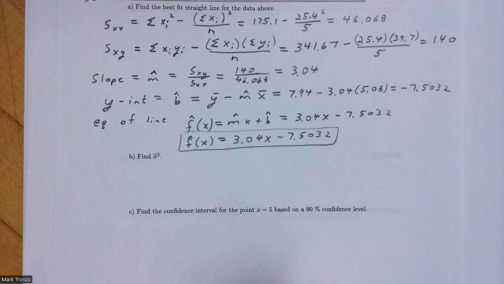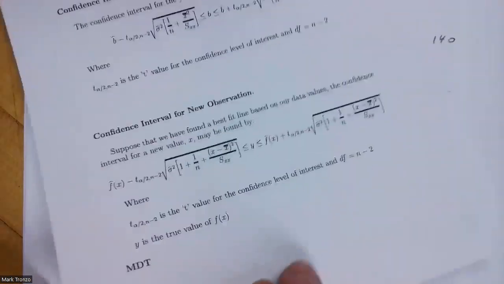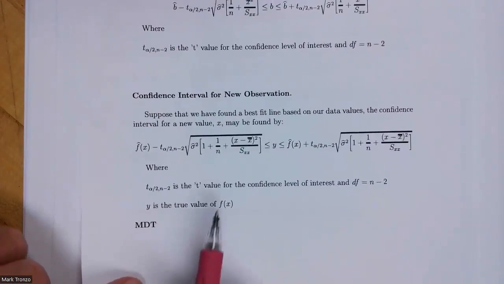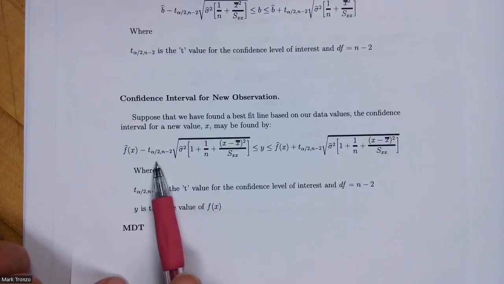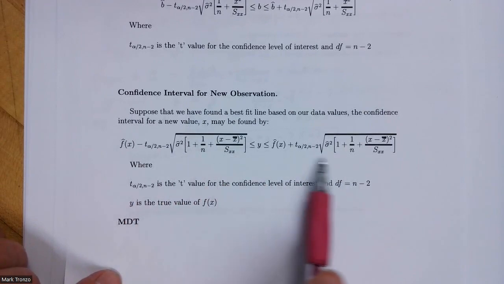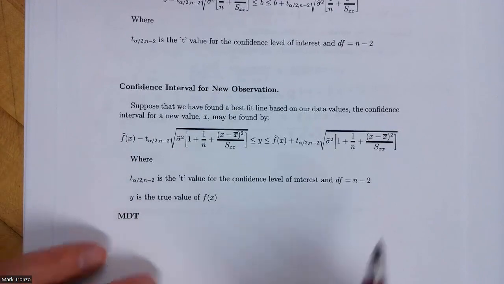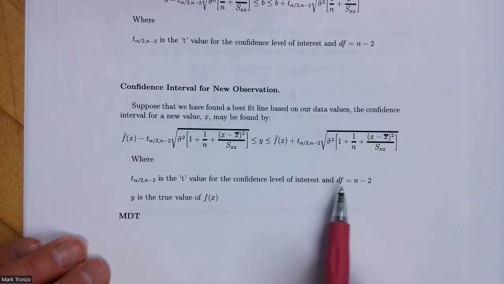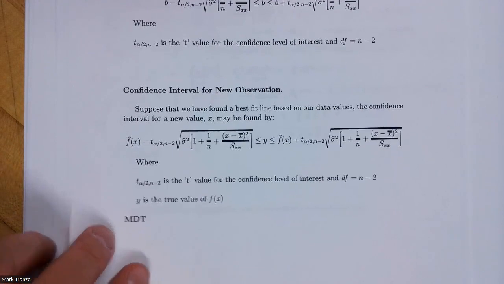That's given on the second side of your equation sheet. You're given this confidence interval here for the new observation. And for this, you use the T table and use the degrees of freedom of n minus 2.